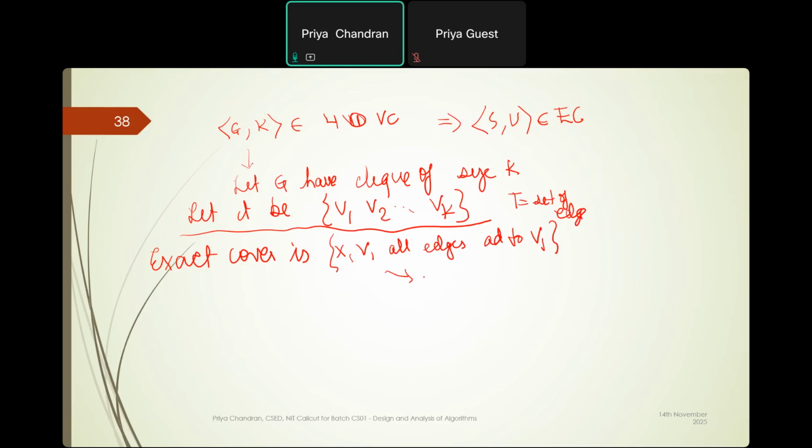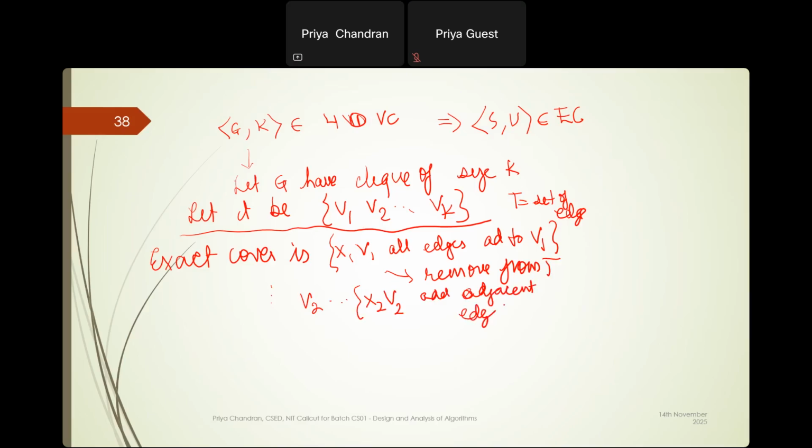Then we remove them from T. Then we take our next vertex v2 and we take x2, v2, along with all adjacent edges present in T. So if something was already covered, that is the idea. We do have a set like this because we have all the subsets around. Then we remove them also from T.